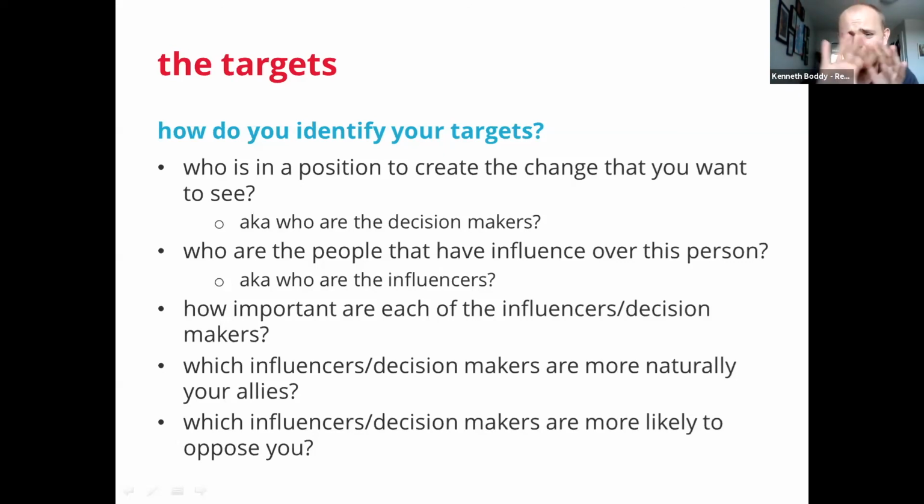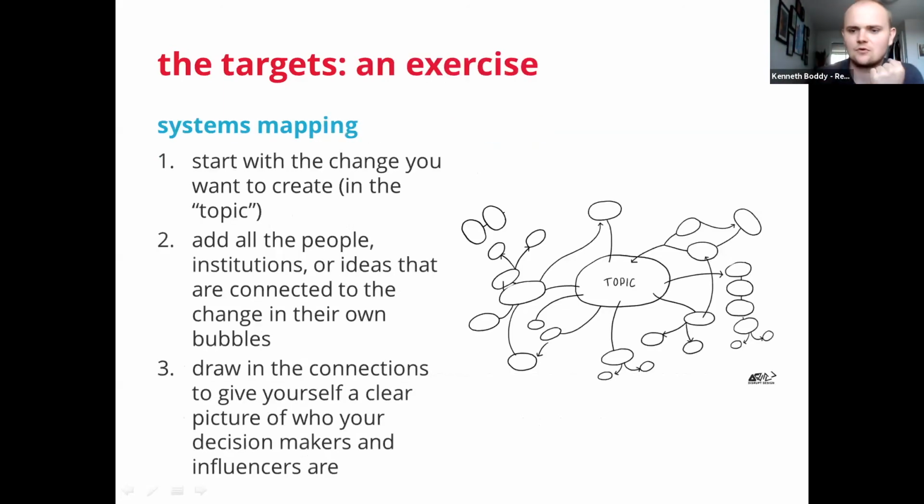And then from that point, you want to really think about, of the decision makers and influencers, who are your natural allies? Who are the people that you think are more on board with the change you want to create, that you might be able to use to get that change created quickly and fluidly? And just as importantly, you want to identify some of the people that might be naturally opposed to you, which is always difficult to do.